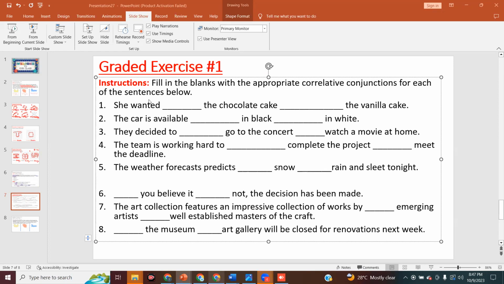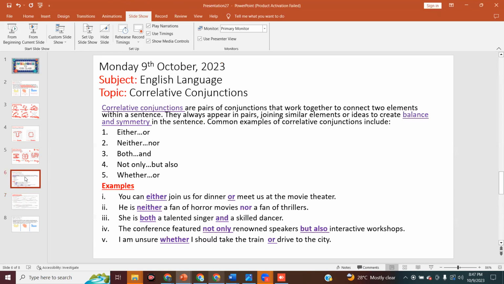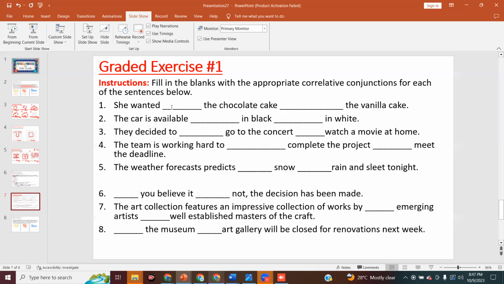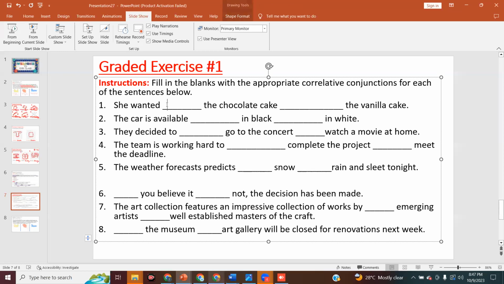Well, it says she wanted. So wanted means what she wants. So if we look at the coordinating conjunctions, you can put more than one word, right? The one that seems to work most perfectly is both and, because it says she wanted both the chocolate cake and the vanilla cake. So it seems like that's the best fit.